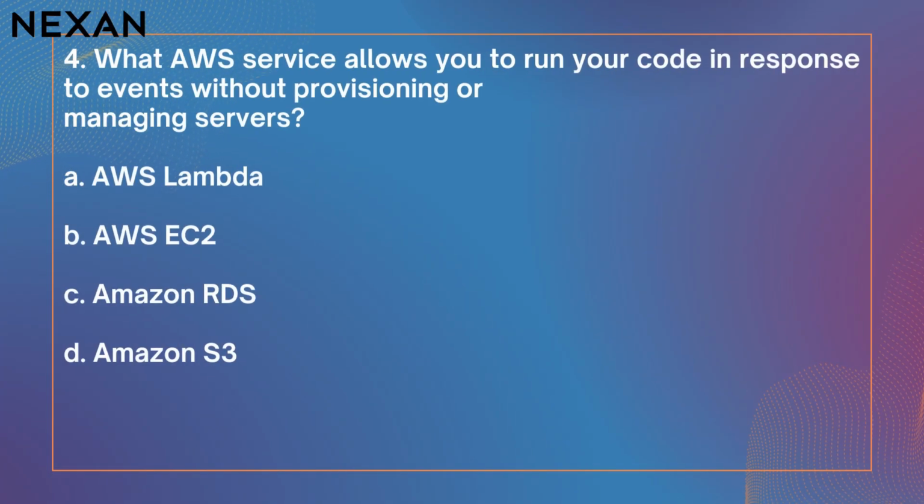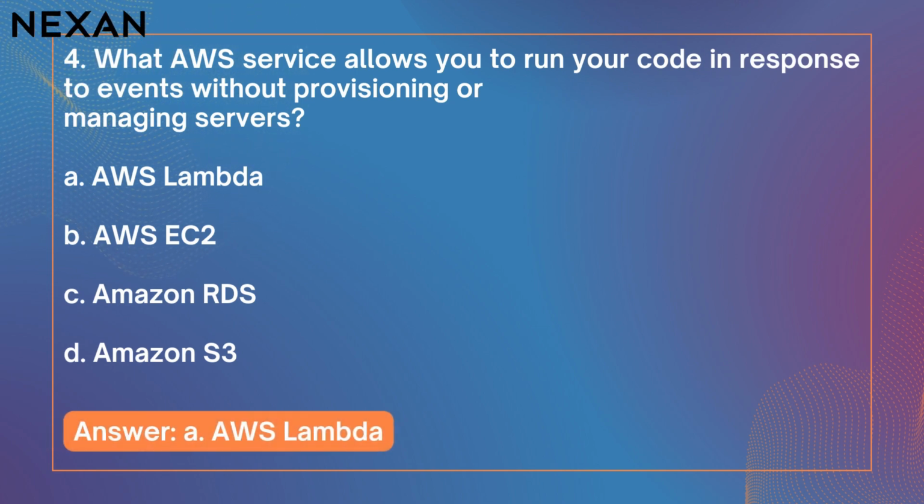What AWS service allows you to run your code in response to events without provisioning or managing servers? A. AWS Lambda. B. AWS EC2. C. Amazon RDS. D. Amazon S3. Answer: A. AWS Lambda.